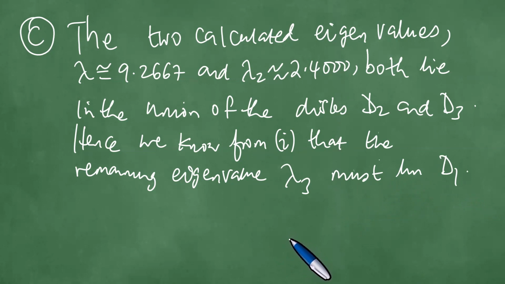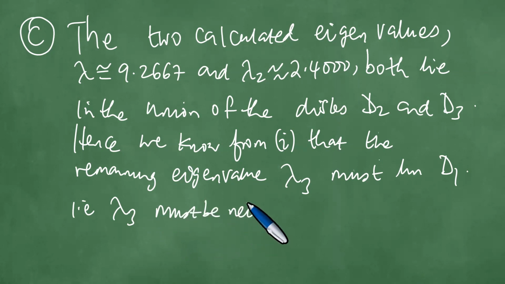Okay, must lie in D1. Right now, there are a couple of things I want us to consider, and that would be that lambda 3 itself must be near -6.